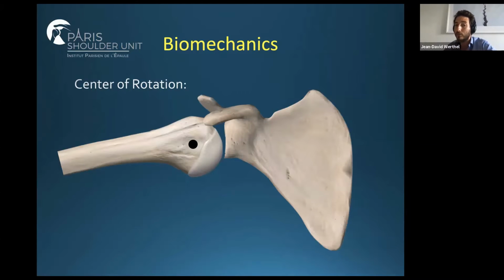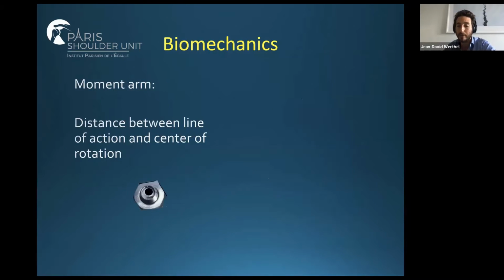The center of rotation in the shoulder can move because this joint is non-constrained, and so the movements are not only rotation, but there is also some translation. So when there is going to be translation, the center of rotation is going to move, and then it's going to be stabilized by the cuff, and once it's stabilized, then you can have a movement of rotation. But you really need that rotator cuff for stability.